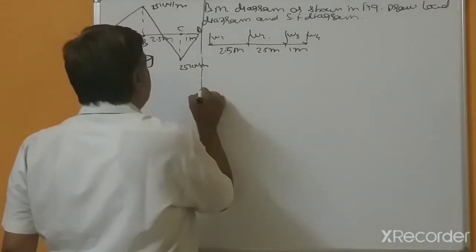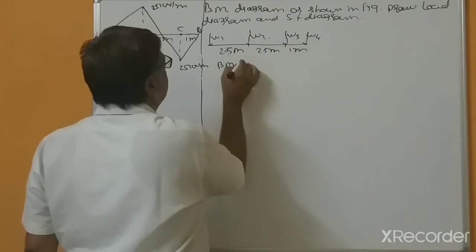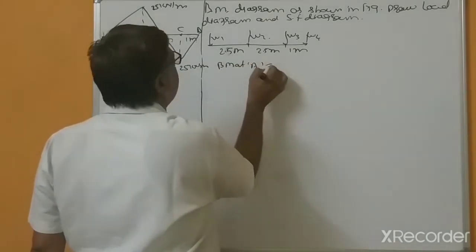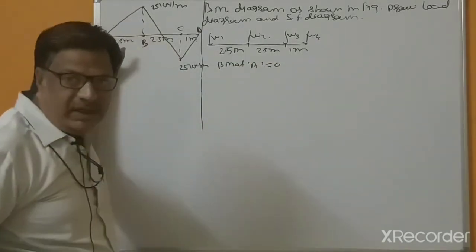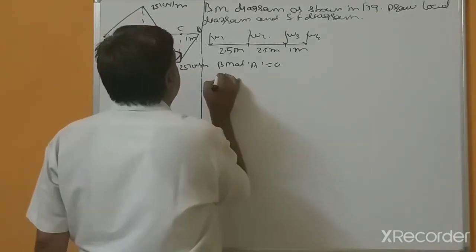Now, the bending moment at A point is 0 in this diagram, so forget that.